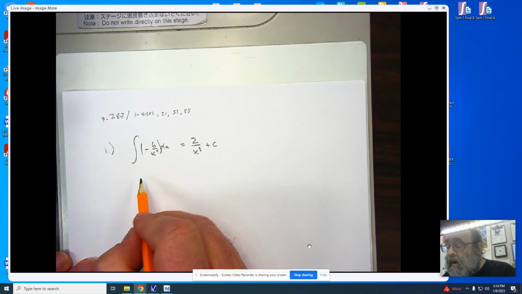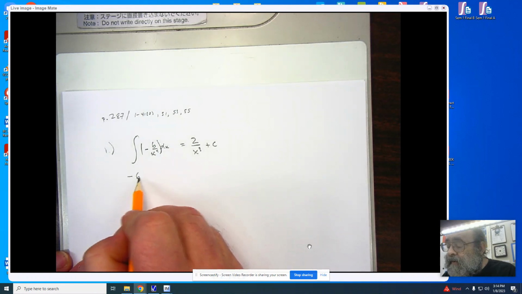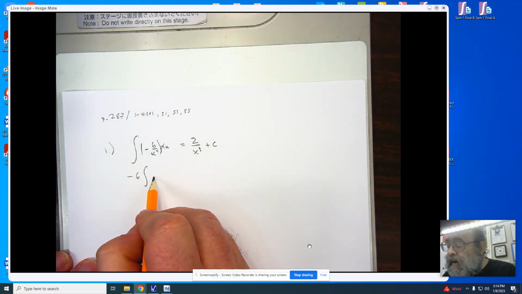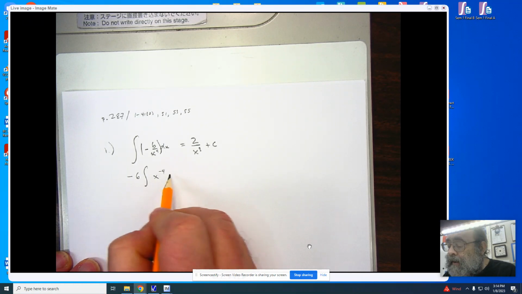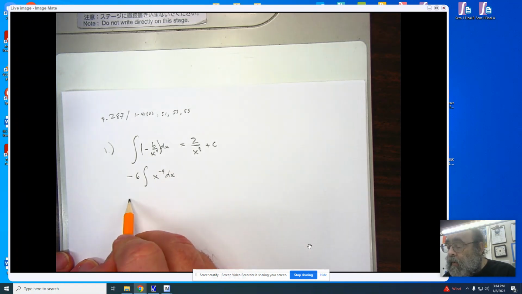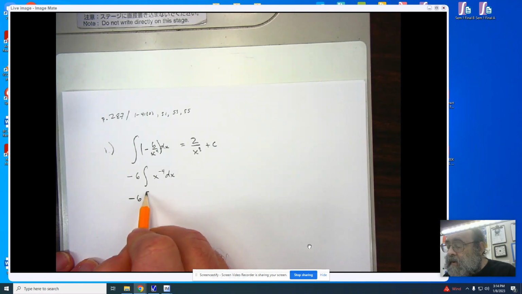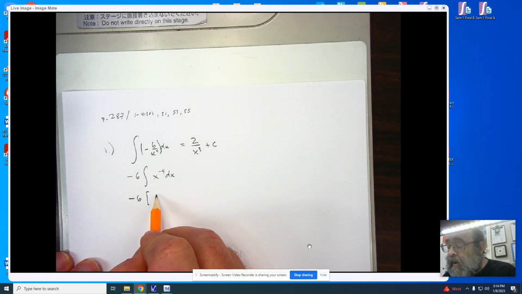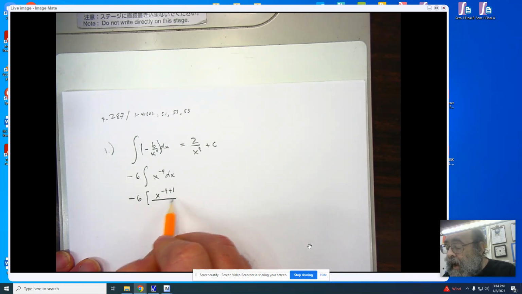Now, in order to do the integration, we want to pull out the negative 6 using our rules, leaving us with x to the minus 4 dx. This now allows us to work with our general power rule, negative 6, and we're now going to take this by adding 1. So we have x to the minus 4th plus 1 divided by that negative 4 plus 1. And then we add c.